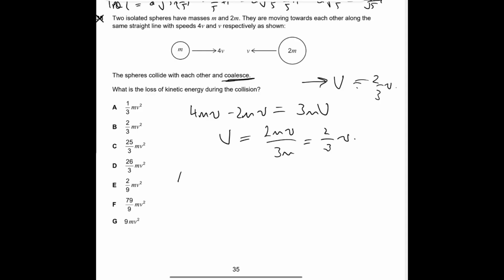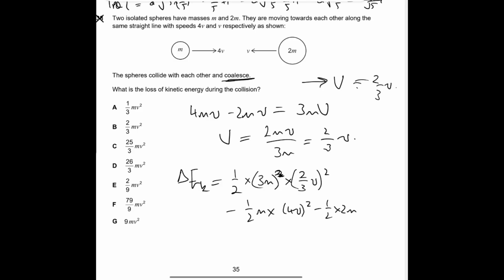So the loss in kinetic energy, the change in kinetic energy, is going to be half times the total mass, which is 3m, times the final velocity, which is 2/3 v, squared, minus half m times 4v squared minus half times 2m v squared.